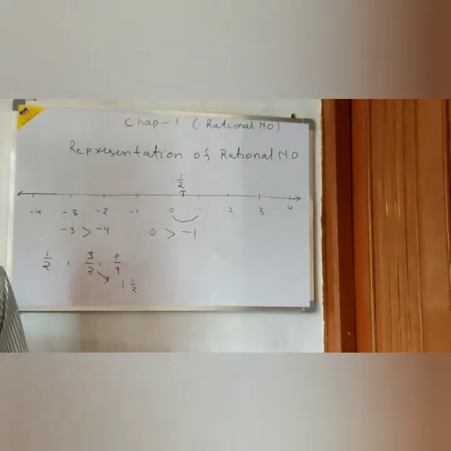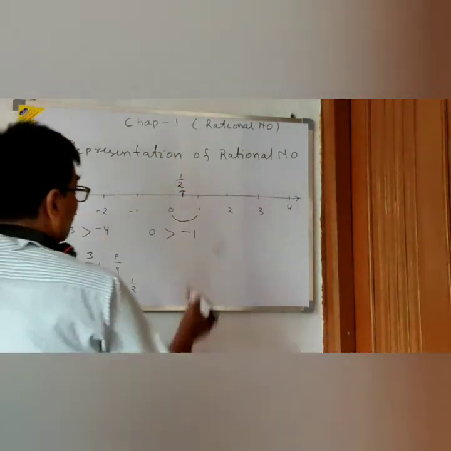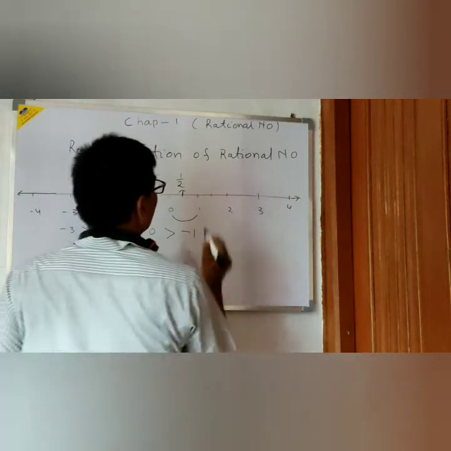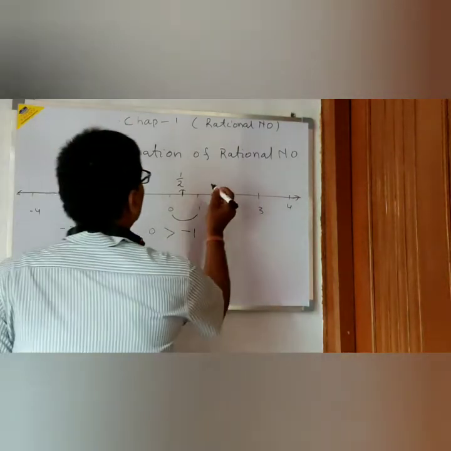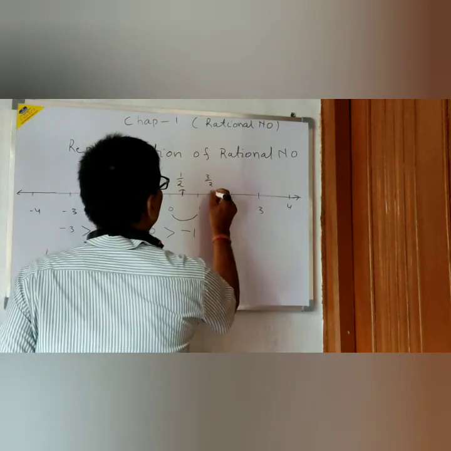Then it is located between 1 and 2. Between 1 and 2 represents a point exactly between 1 and 2. What is this place? 3 by 2 is the representation of this number.